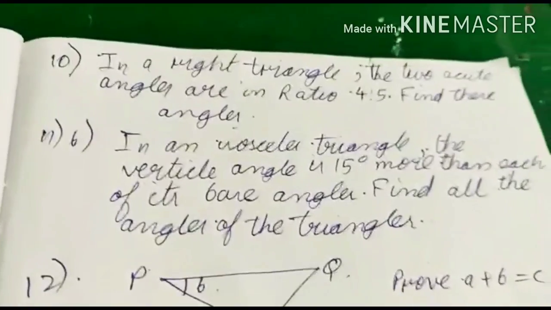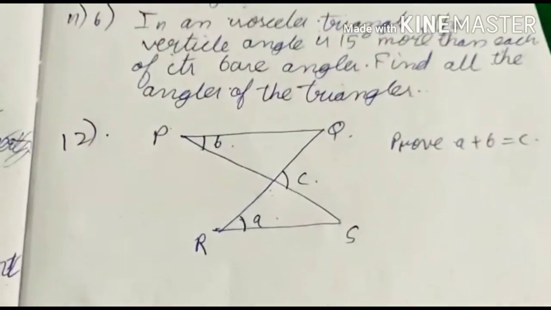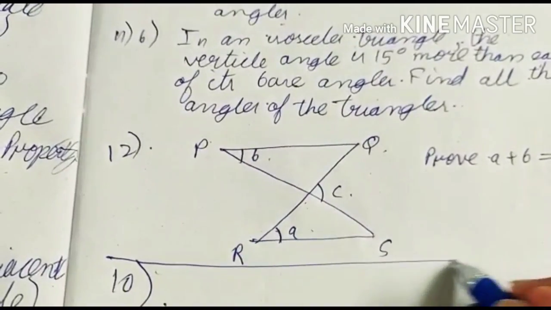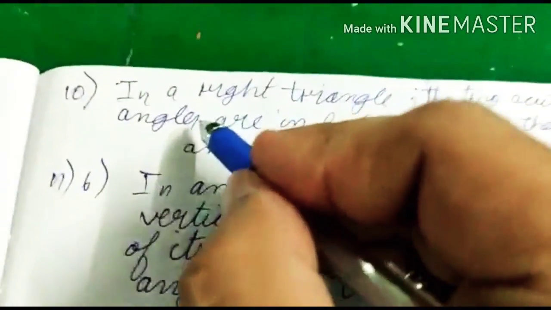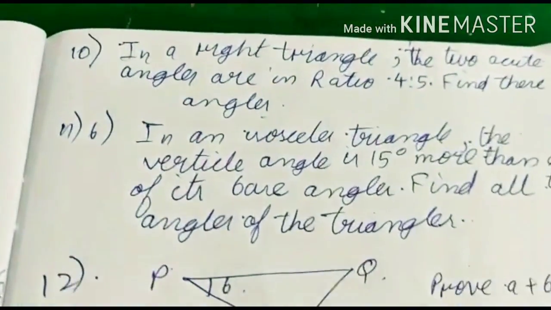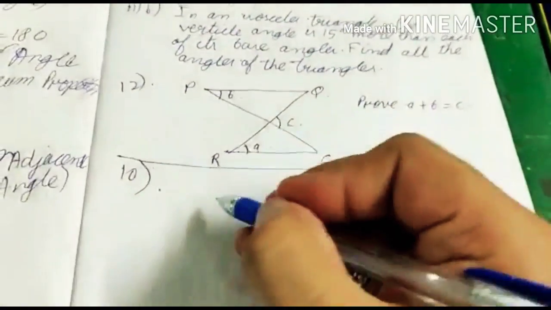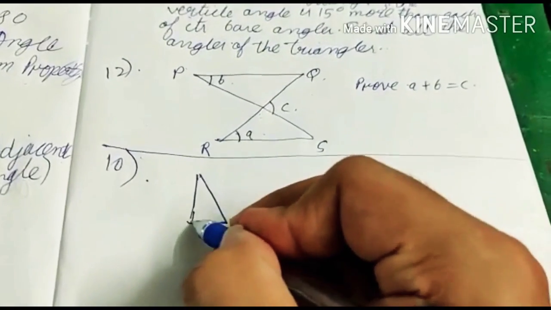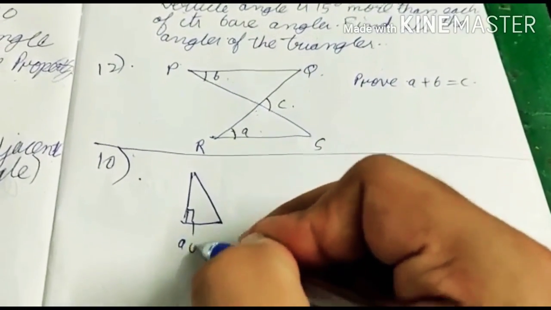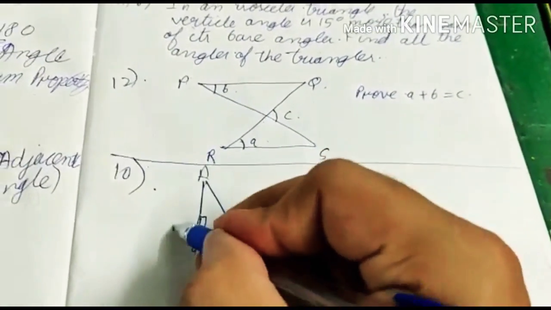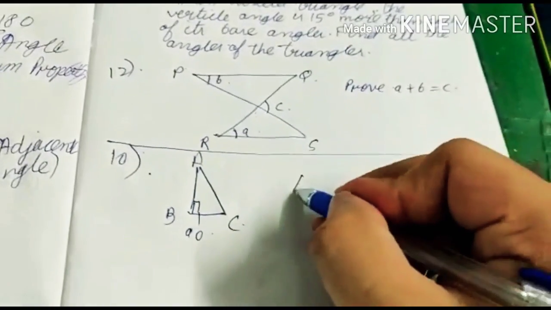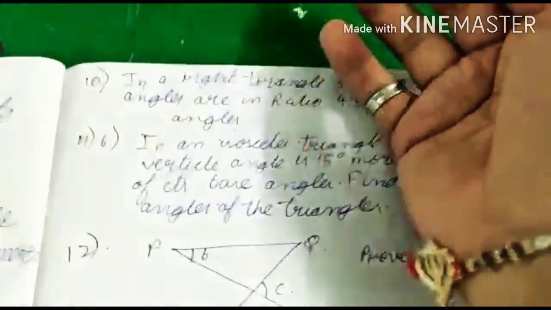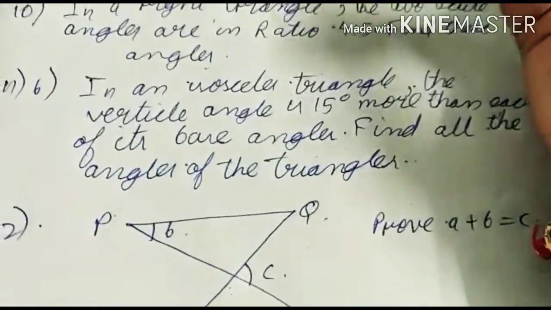The next question is question number 10. In question number 10, the question says it is a right angle triangle. So in a right angle triangle, the first thing we know is one angle is 90 degrees. In triangle ABC, I have taken angle B equals 90 degrees. You can also take any other triangle, PQR, XYZ.